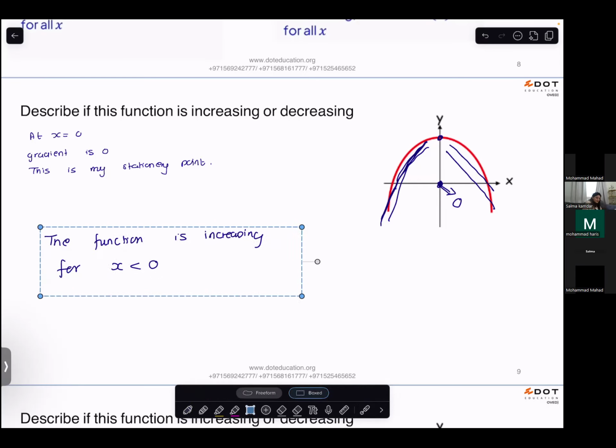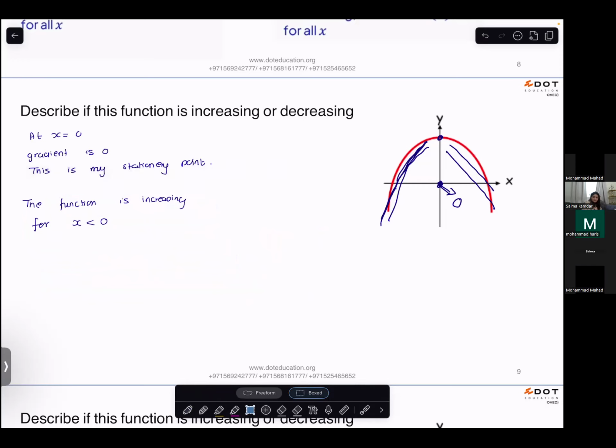Mahat, can you give me the decreasing function? I am looking at how you're going to write. You already know this is increasing. You already know this is decreasing. What we are looking at is how we are going to present it.